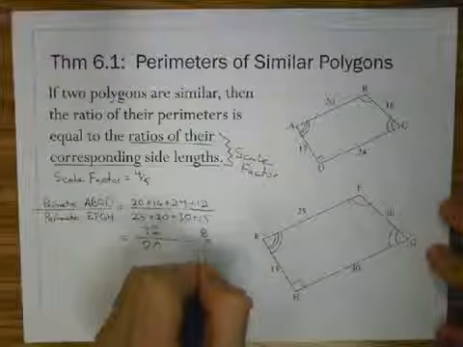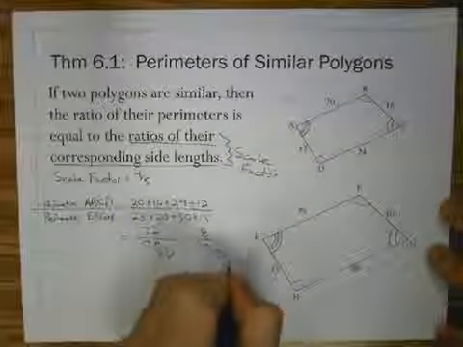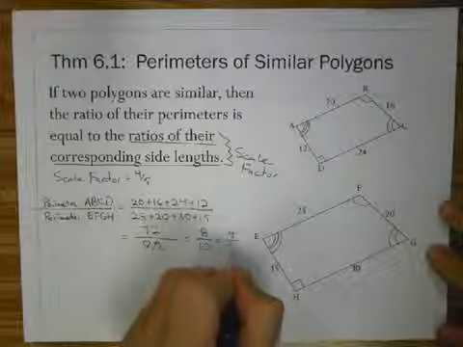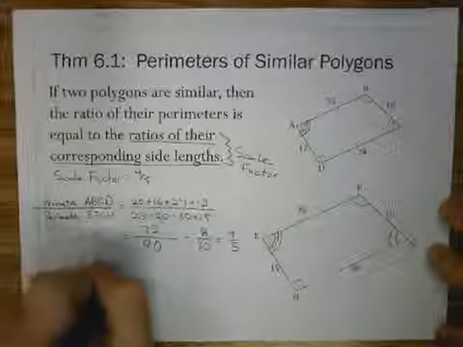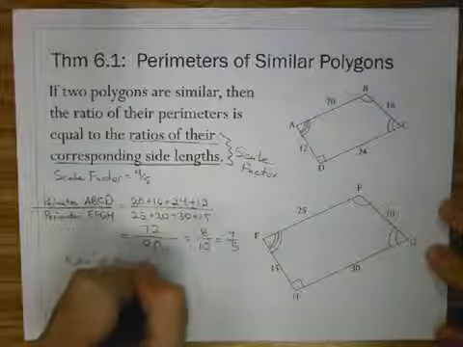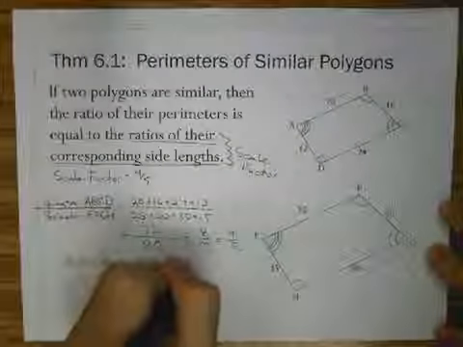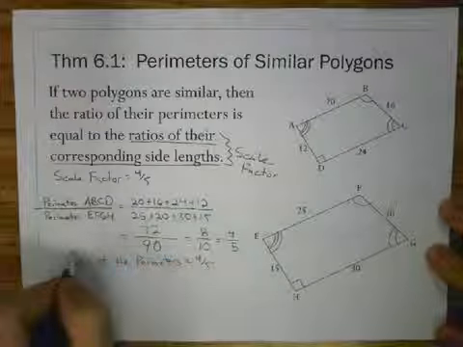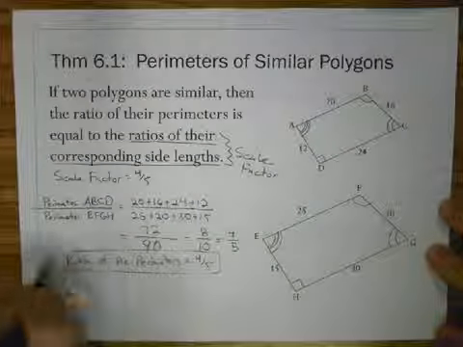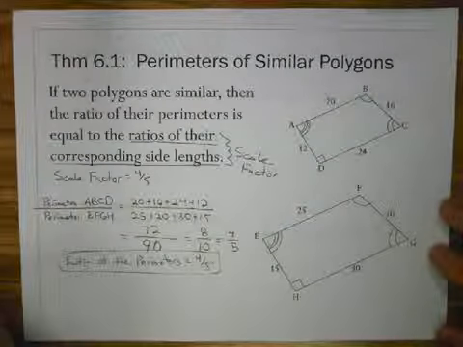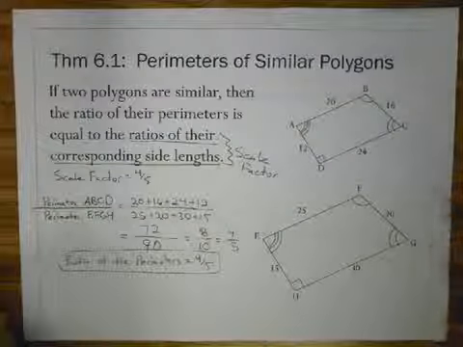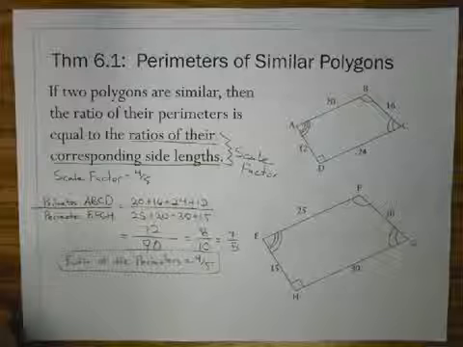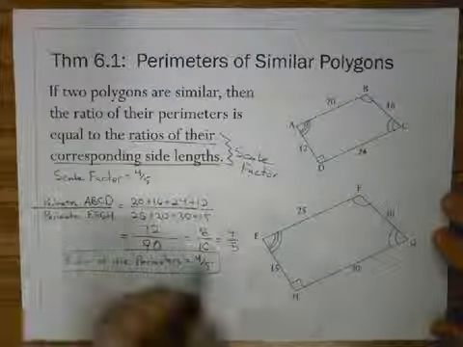Then on the bottom I have 25, 20, 30, and 15. The top values add up to 72. The bottom values add up to 90. I have to reduce that. Well, they both go into 9. 9 I can divide out of both, so I have 8 over 10, which I can then divide by 2, and I get 4/5. So that's the ratio of the perimeters.